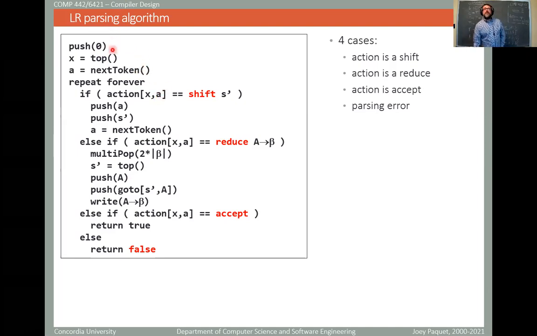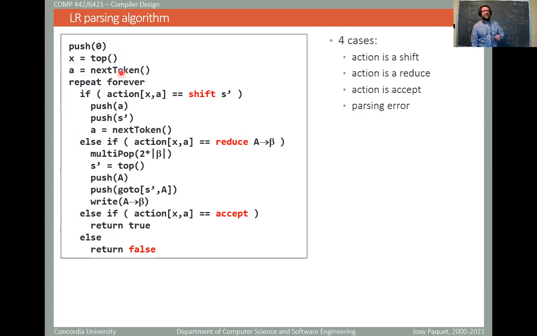So first of all, this is a state transition diagram. So you should start at the starting state. What is the starting state? Of course, state number 0. So you start by pushing the state number 0, your starting state, on top of the stack. Then, as we had in the LL1 terminology, we assume that X is the top of the stack and A is the next token.